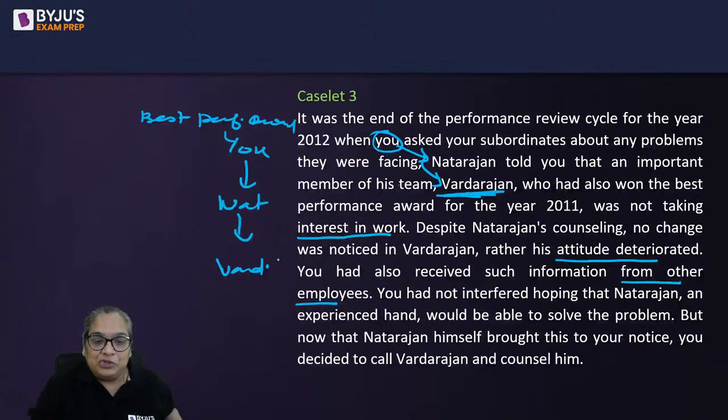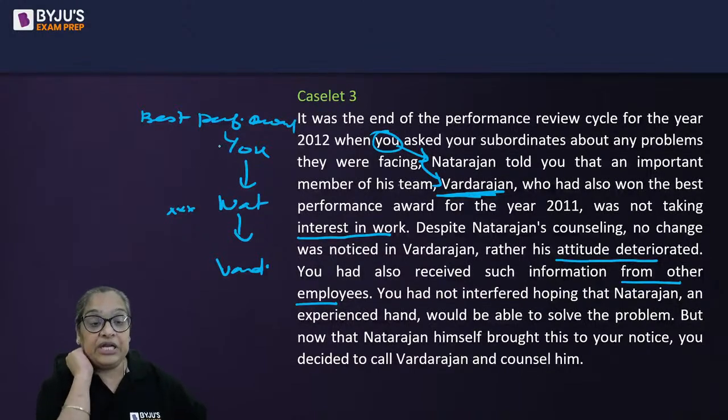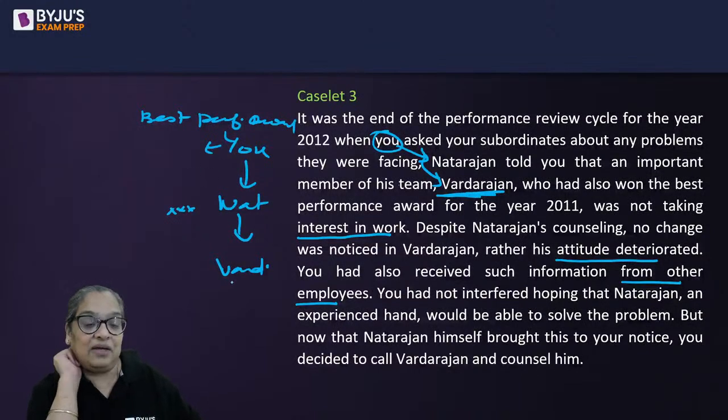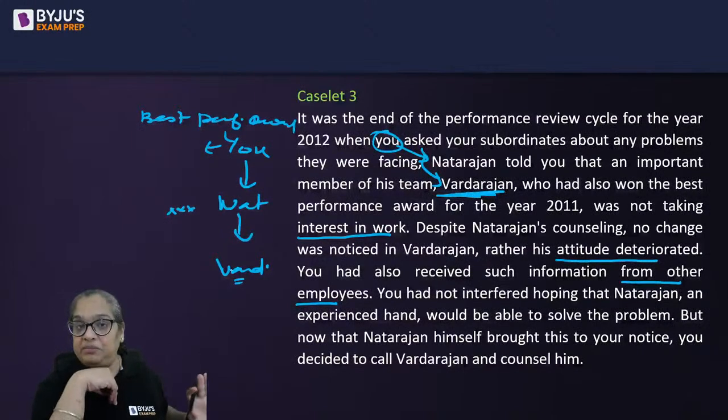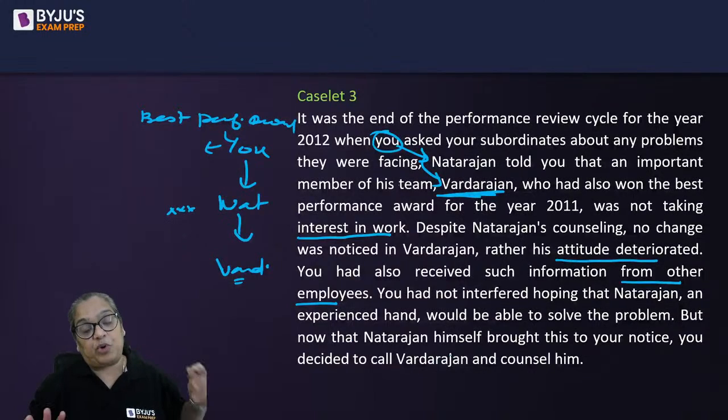Understood? So here initially Natarajan tells you that Vardarajan is not taking interest in his work, and it's not just his observation, it's of other employees as well. Initially you hope that Natarajan would solve this problem himself and take care of this lack of interest in work. You had heard about this, but now that Natarajan himself has brought this issue to your notice, you decide to call Vardarajan and counsel him.